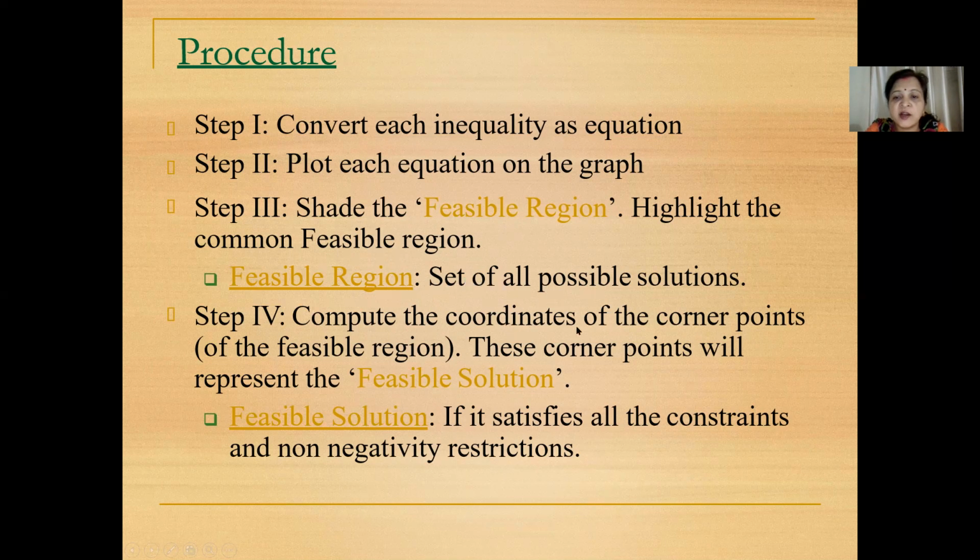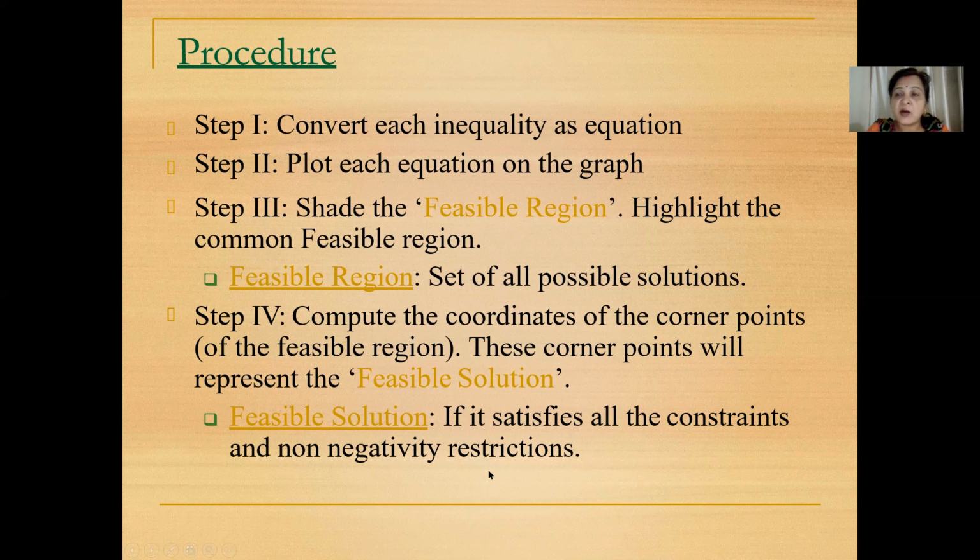Then we compute the coordinates of the corner points of the feasible region, and these corner points will represent the feasible solution. A feasible solution means it satisfies all the constraints and non-negativity restrictions.